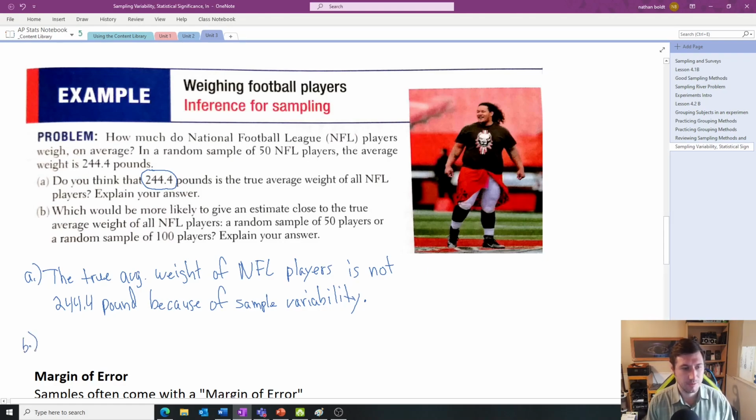All right. Part B, which would be more likely to give an estimate close to the true average weight of all NFL players? A random sample of 50 or a random sample of 100? All right, so hopefully there we know, hey, more in your sample is better. So the 100 players would be better for a sample because we know larger samples will give proportions closer to the population.